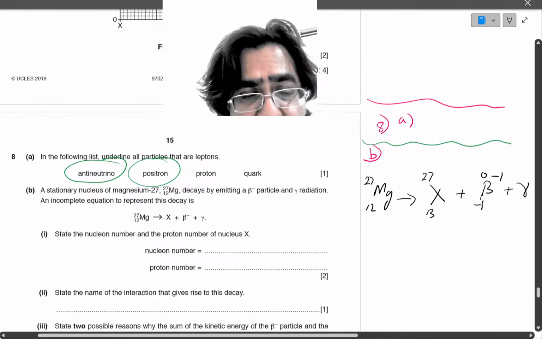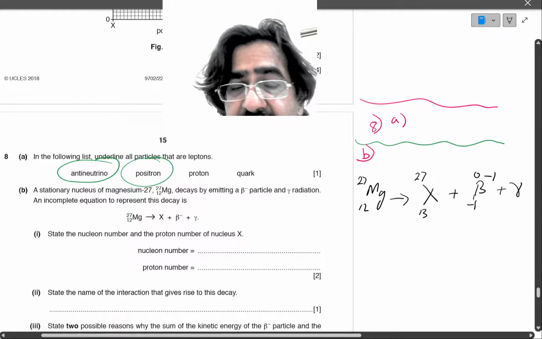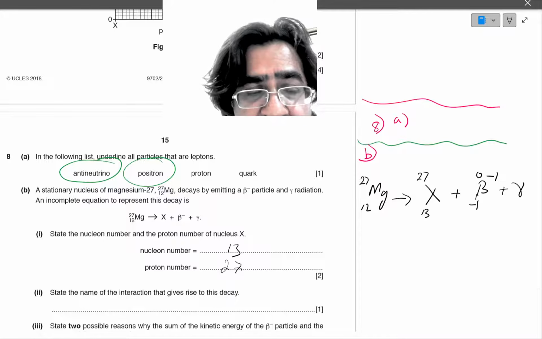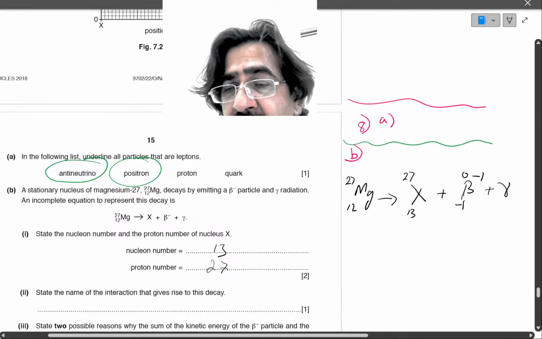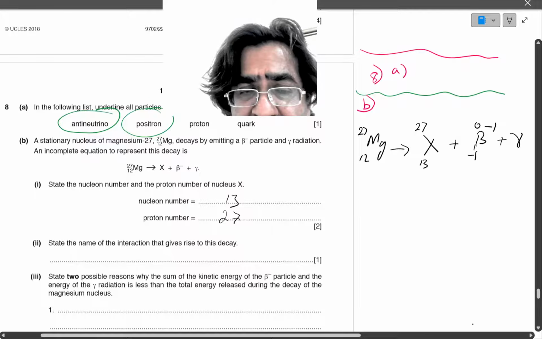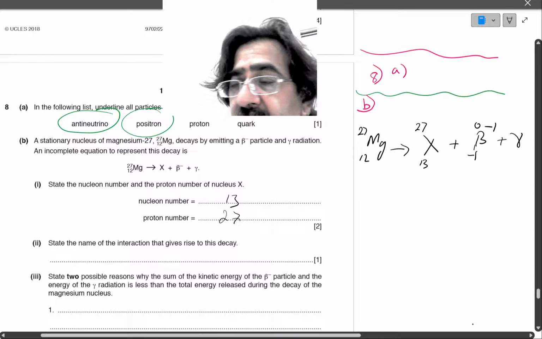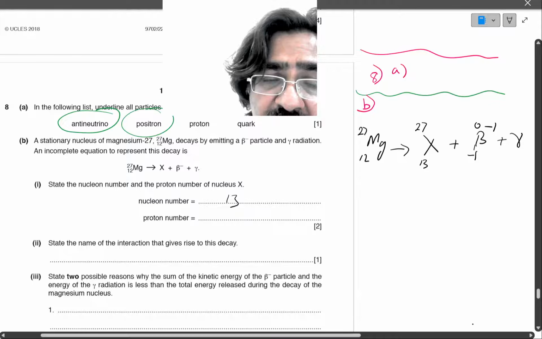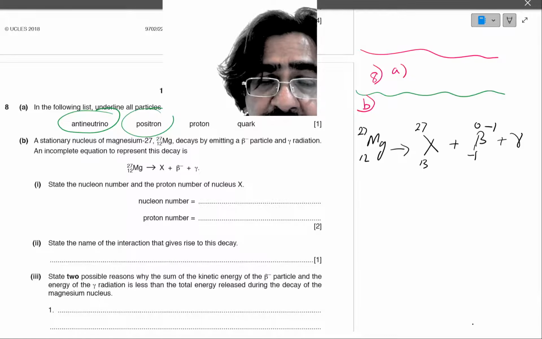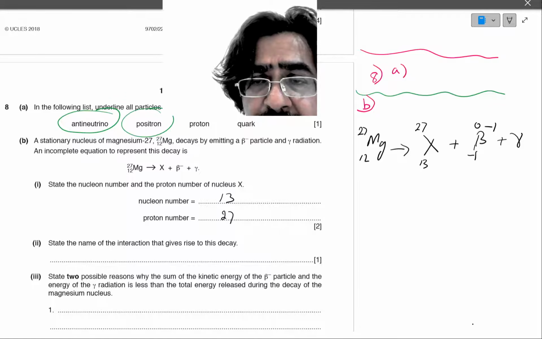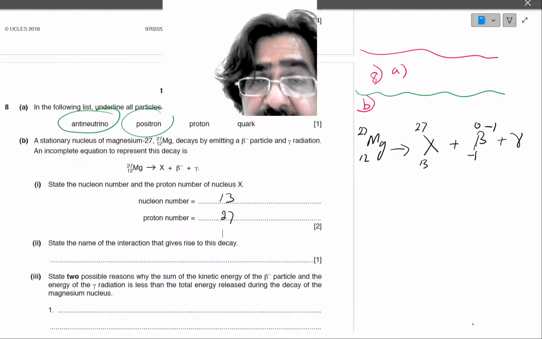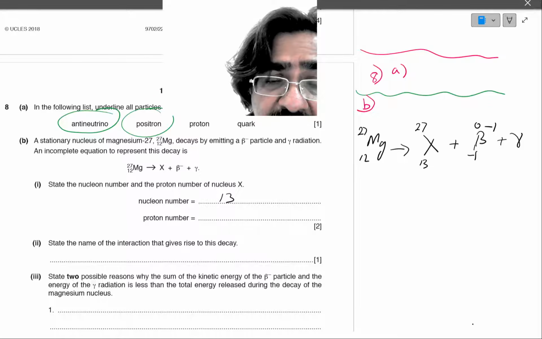So nucleon number will be 27 and proton number will be 13.